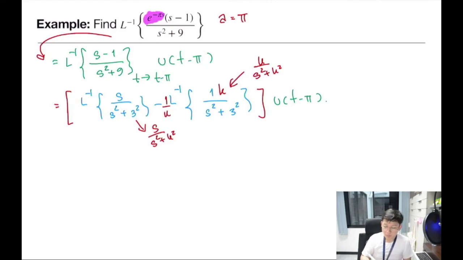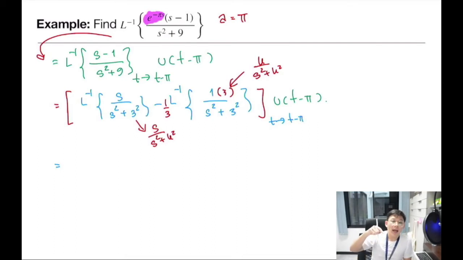Make sense? Because they can be cancelled out. But the k here is actually 3, right? So I'll put 3 here and then I get 1/3 here. Okay, guys, we need to shift t to t minus pi as well. Don't forget that.